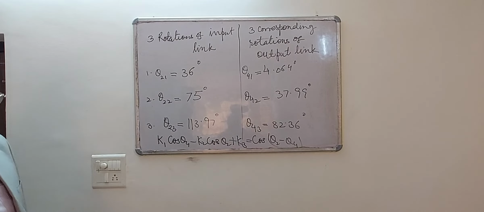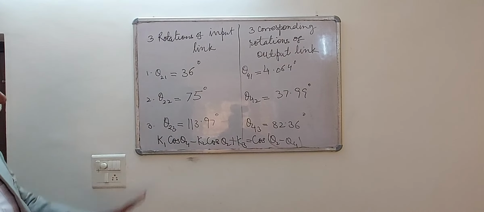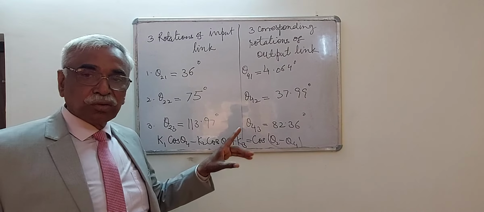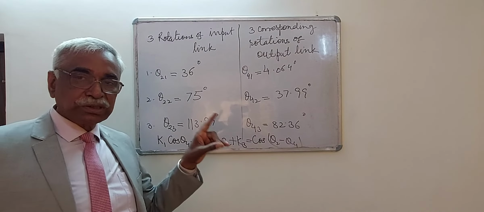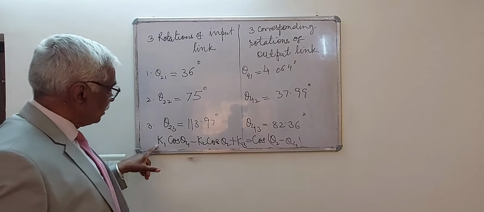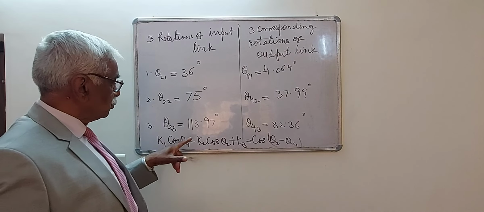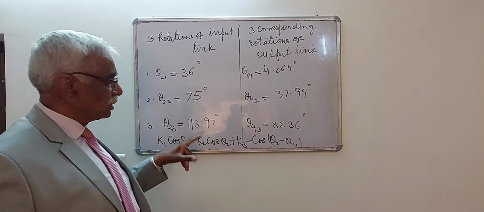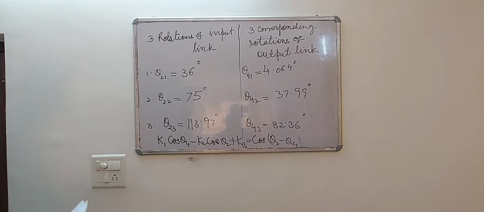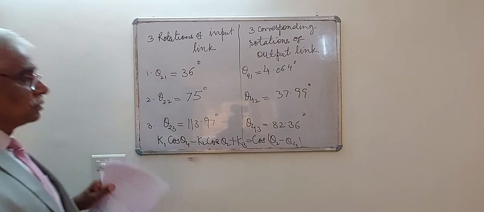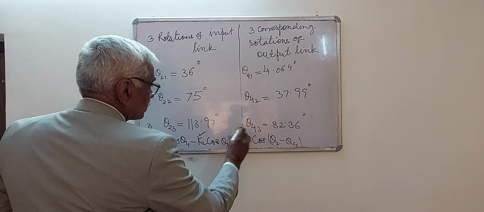Once you are in a position to determine the values of K1, K2 and K3, you can find the dimensions of the four bar linkage, that is A, B, C and D, because they are related to K1, K2 and K3. Suppose you find K1, K2 and K3.